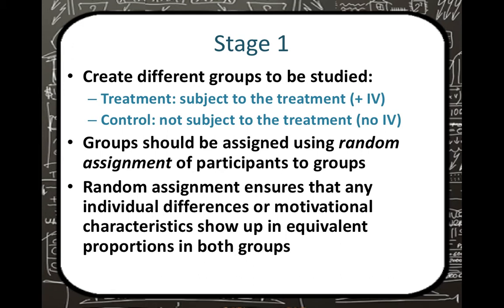If we're randomly assigning, we're not doing it so that half of the group has one particular characteristic that we're not studying and the other has a different characteristic, right? This is a way of trying to ensure that they get evenly spread out between the 2 groups.